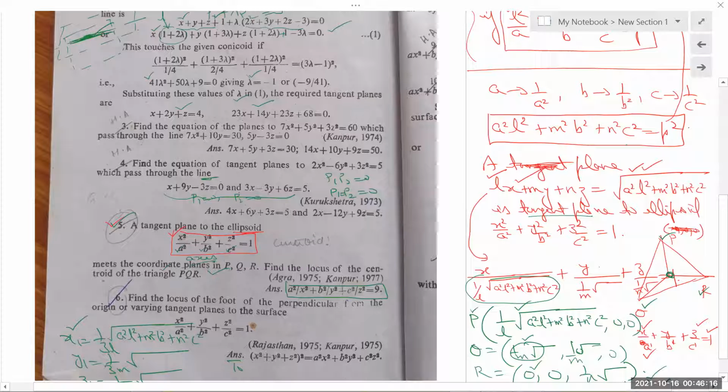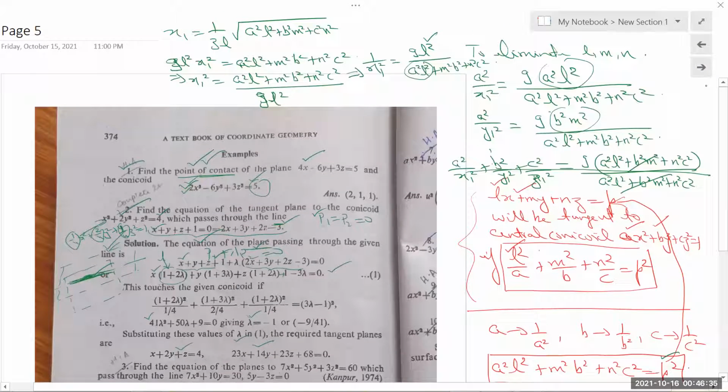See, the centroid is not lying on the surface of the conicoid. This is the reason. So to eliminate l m n, we have to use this technique, because this relation is given to us, that a square l square plus m square b square plus n square c square is equal to p square. So by writing the equation in this format, on adding them, this term will become exactly the term given in the denominator, and it will cancel out.